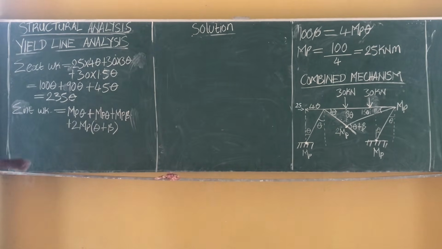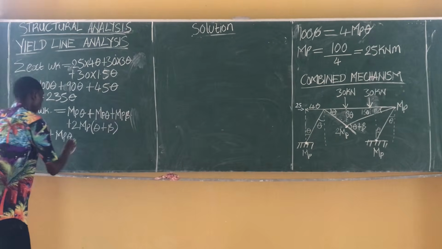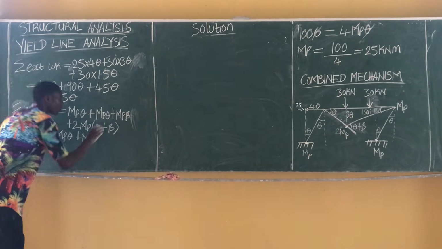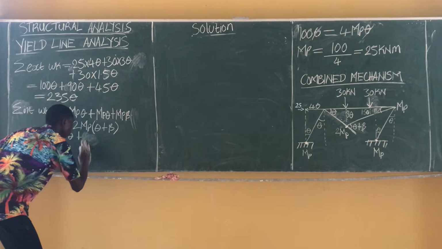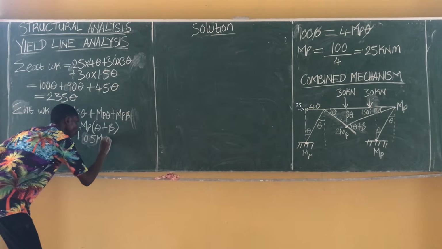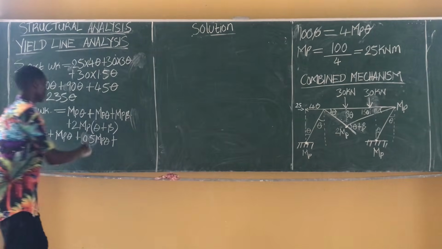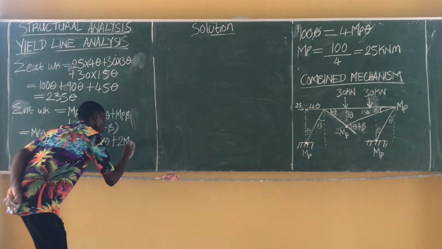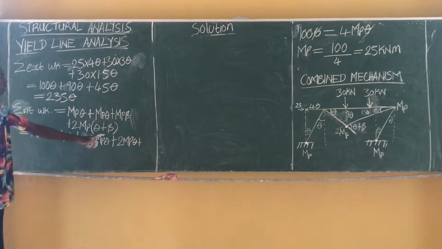What is our beta? Our beta is simply 0.5 theta. And this is equal to MP theta plus MP theta plus MP beta, and this is 0.5 theta. Hence we have plus 0.5 MP theta plus 2 MP theta, plus, now this is beta.